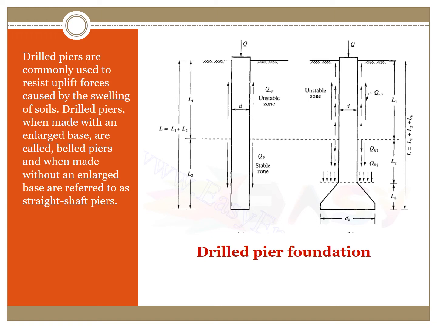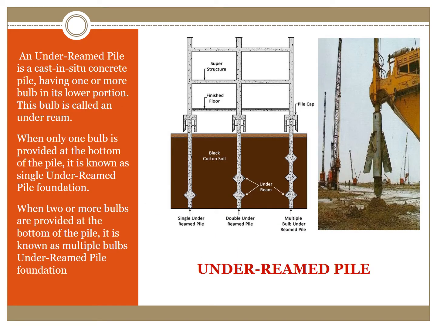The difference between the drilled pier and bored pile is basically the size. Drilled piers made with an enlarged base are called belled piers, and when made without an enlarged base they are referred to as straight shaft piers. This is the figure of a drilled pier.